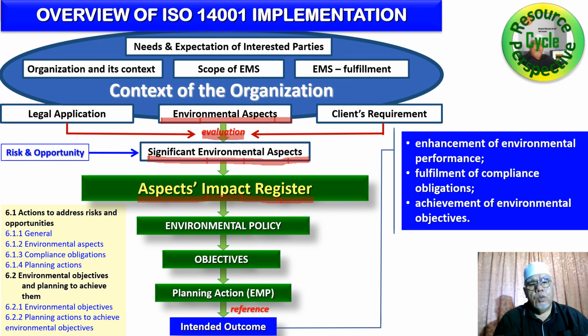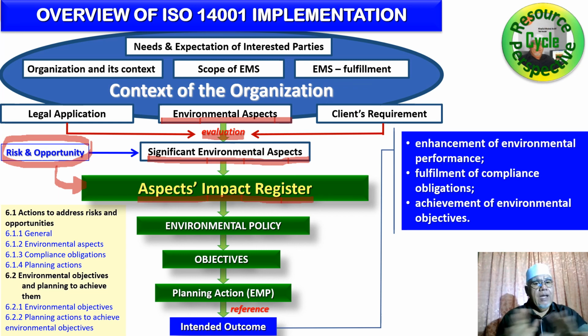This is what we're going to do. And based on the new definition of Environmental Management System 14001, we are going to include this. Look, in here. I will show you how it's done in the table at the end of this video.